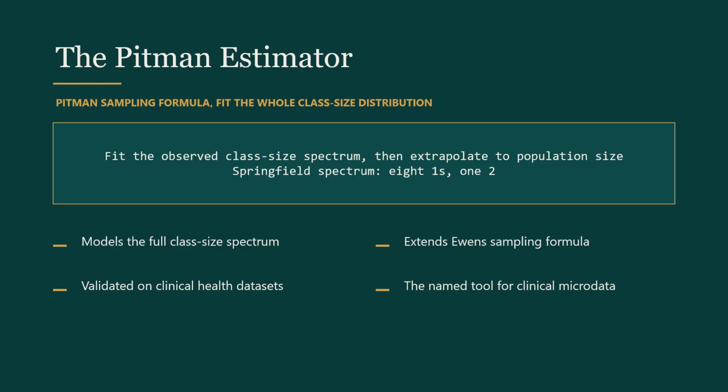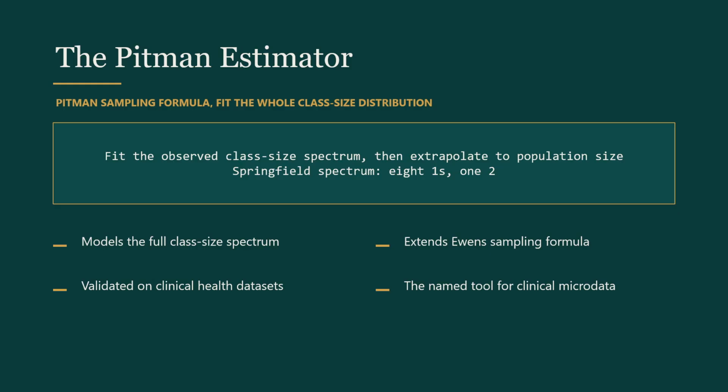The Pitman sampling formula, which extends the earlier Ewens sampling formula from population genetics, is a probability model for exactly this: how a sample of n records partitions into groups of various sizes when drawn from an underlying population.